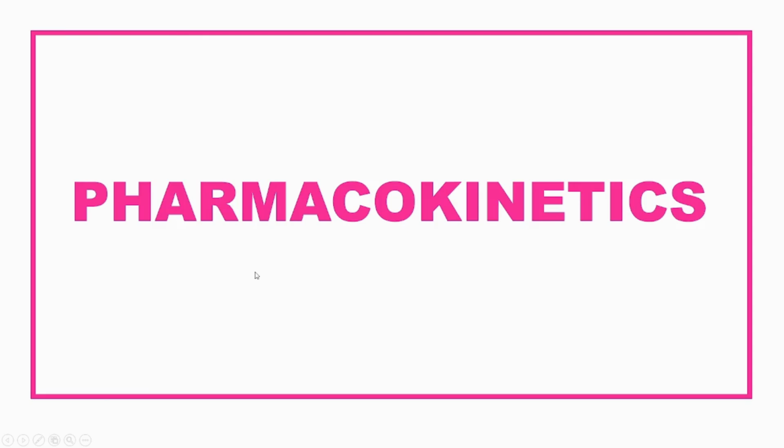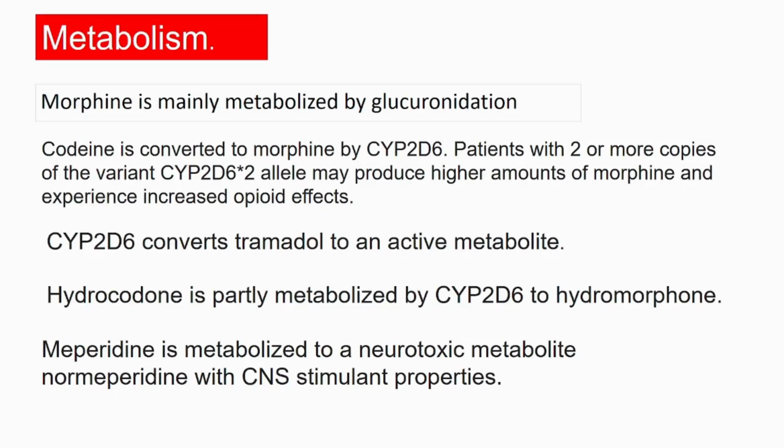So next, the important key points here, pharmacokinetics, metabolism. Morphine is metabolized by glucuronidation. 6-morphine glucuronide is the active morphine metabolite. Codeine has a genetic polymorphism. What that means is codeine is primarily metabolized by CYP2D6. So a patient who has a genetic polymorphism may not be a suitable candidate for codeine.